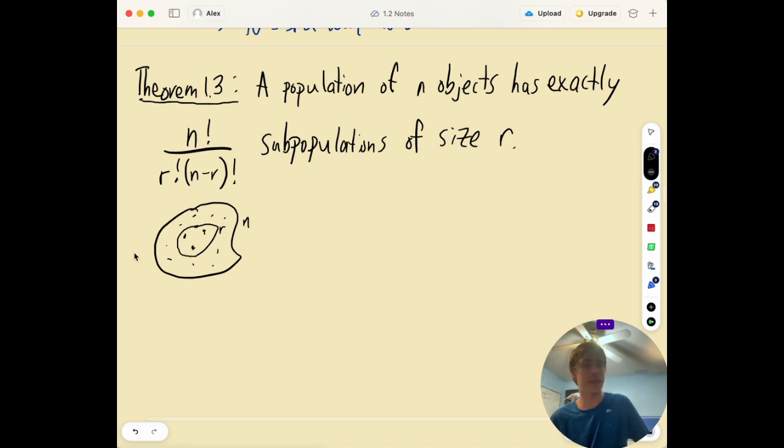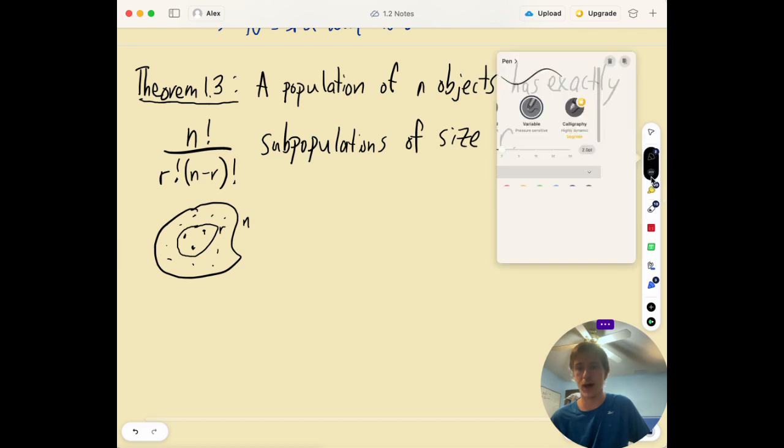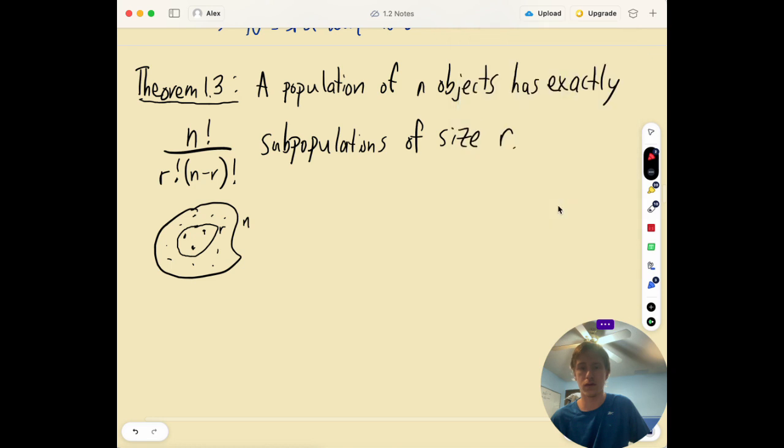Now, just a little reminder for you, that this exclamation mark is a factorial. That's the factorial symbol. The factorial symbol means that you take the whole number that you're on and you continuously multiply whole numbers, decreasing by 1 each time until you end up at 1.